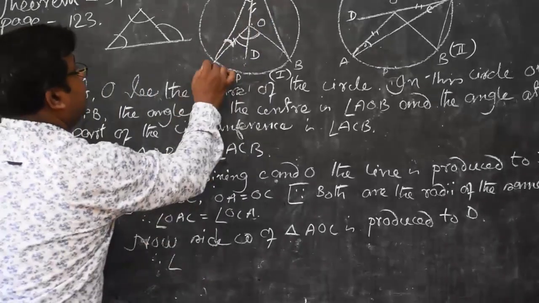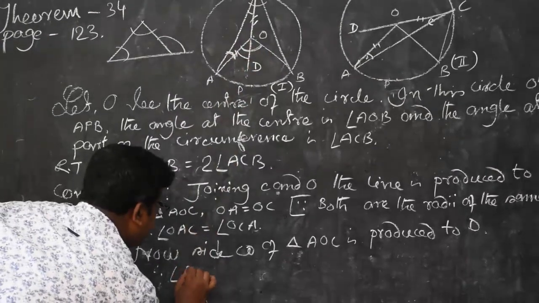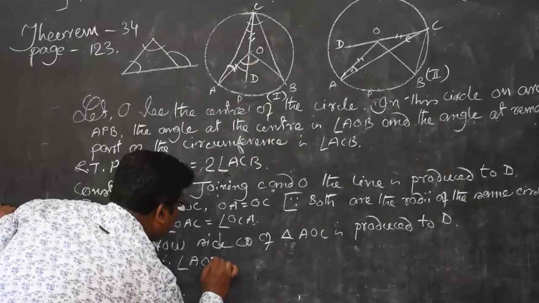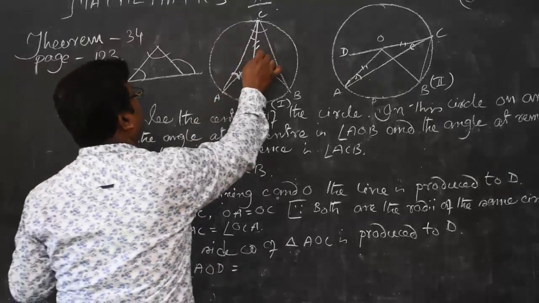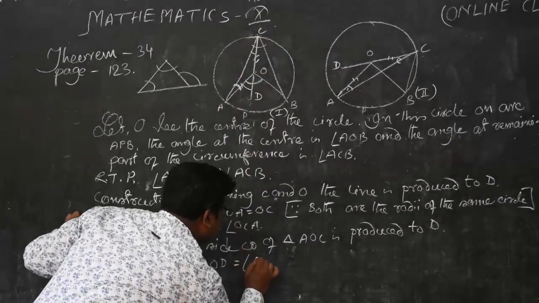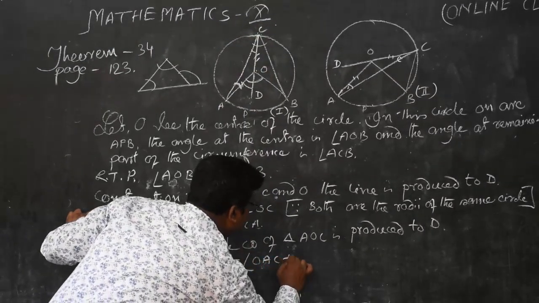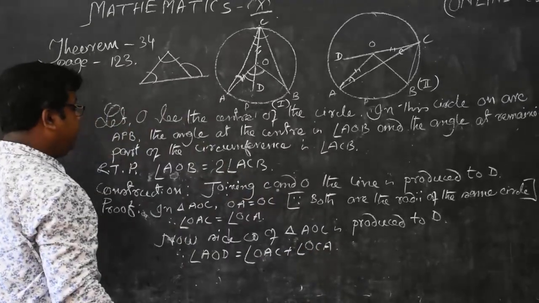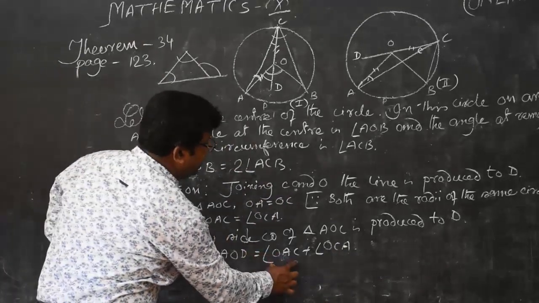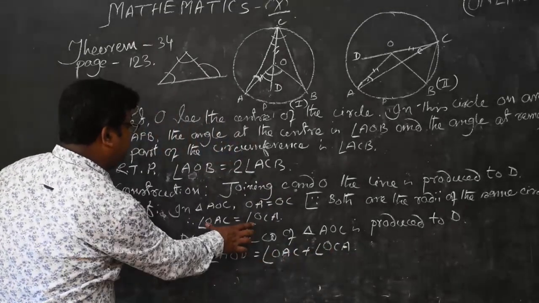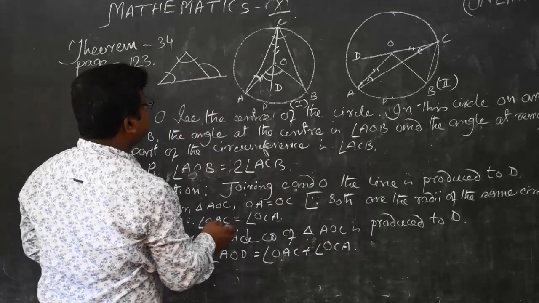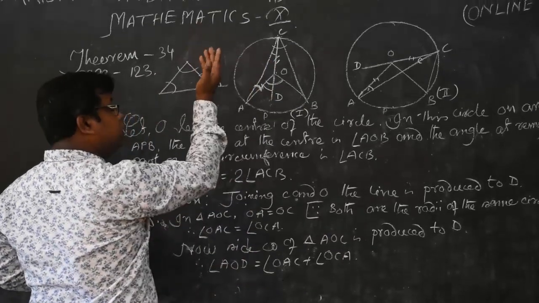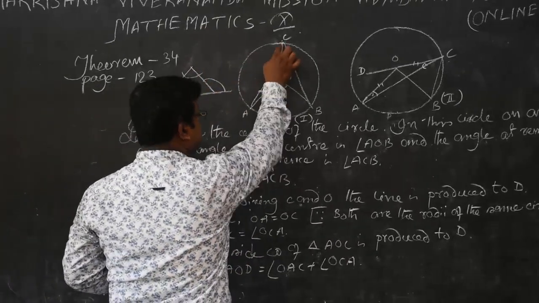Therefore, exterior angle AOD is equal to angle OAC plus angle OCA. Now OAC and OCA are equal, we have proved it here. So instead of OAC, you can put angle OCA.